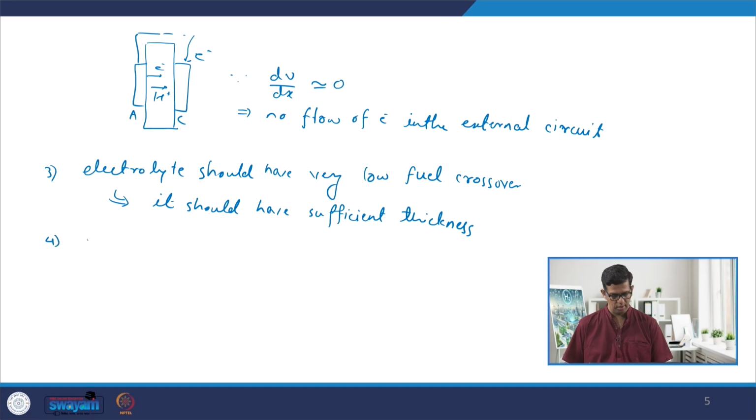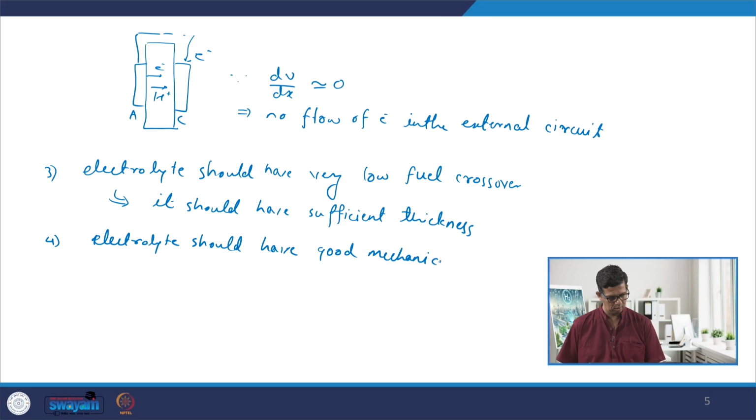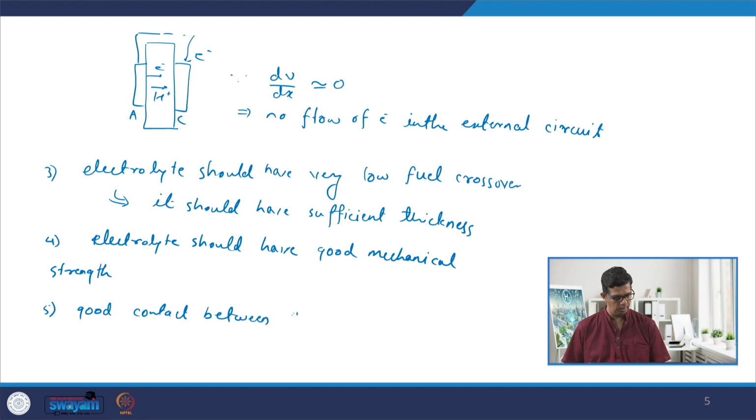Fourth, the electrolyte should have good mechanical strength, and fifth, there should be good contact between the gas diffusion layer and the bipolar plate, as we have seen that good contact leads to lower contact resistance.